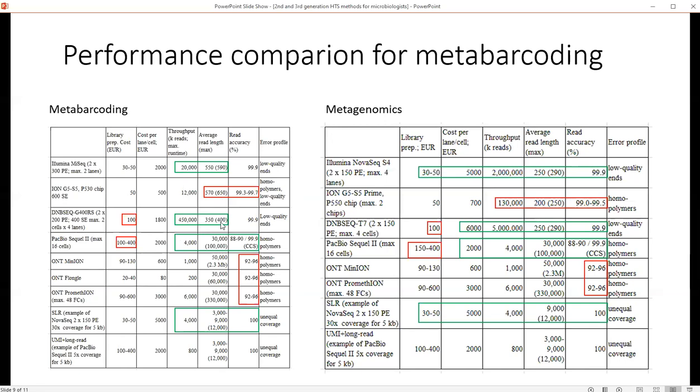So this might be suitable for the shortest reads of bacteria or mini barcodes of plants or animals. The read accuracy is comparable to Illumina. The sequencing cost per read is approximately 5 times smaller compared with MiSeq, but the library preparation is several times higher. So it depends how many libraries and what kind of sequencing depth you wish to have.